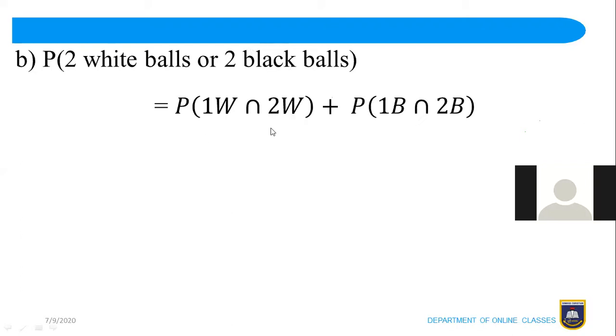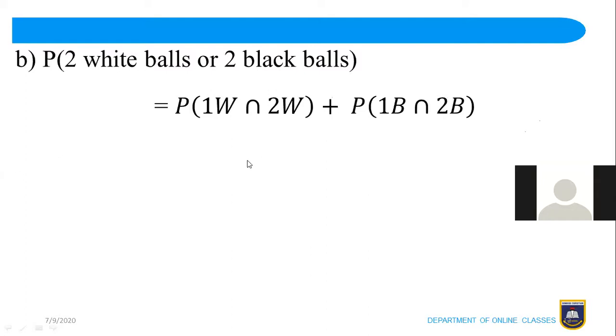This is equal to the probability that the first ball selected is white and the second ball selected is also white, or the probability that the first ball selected is black and the second ball selected is also black.